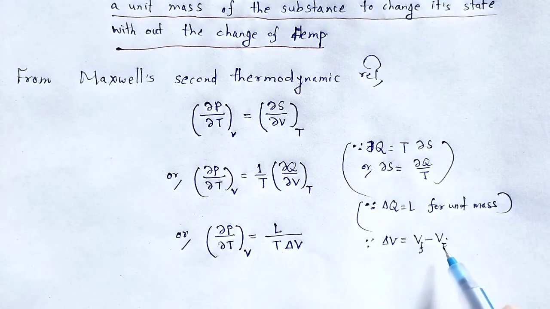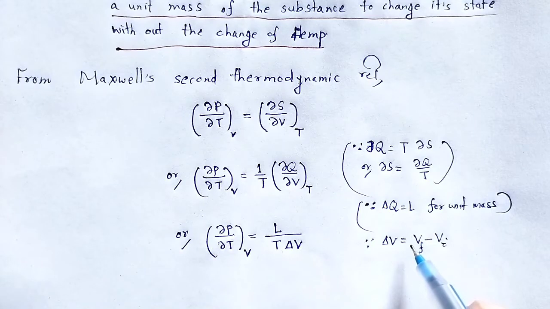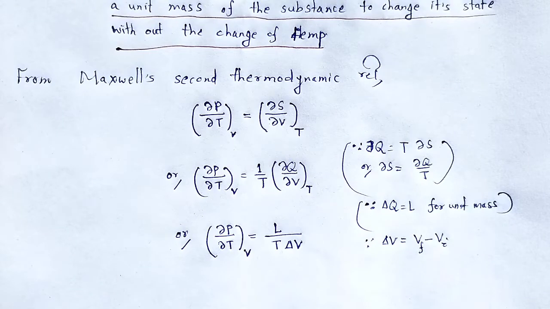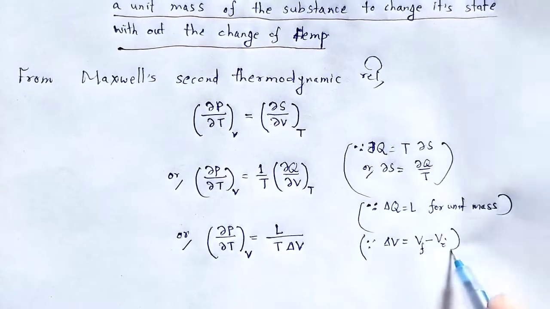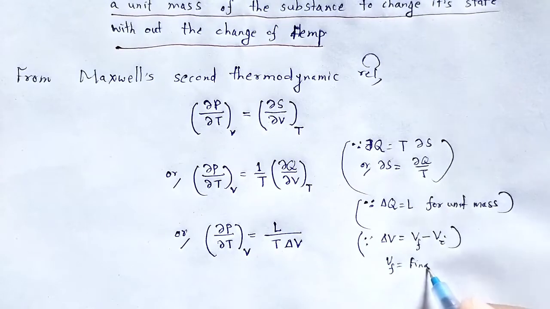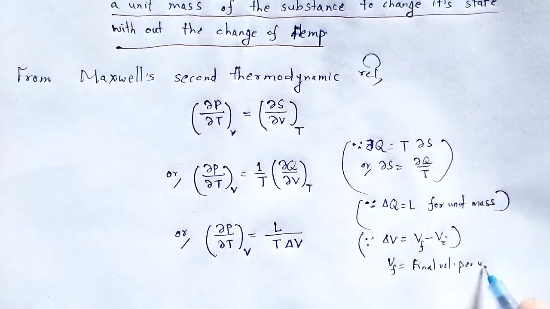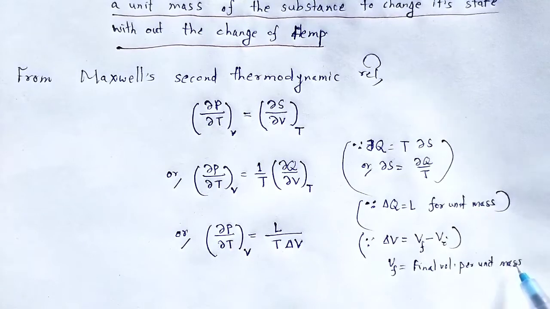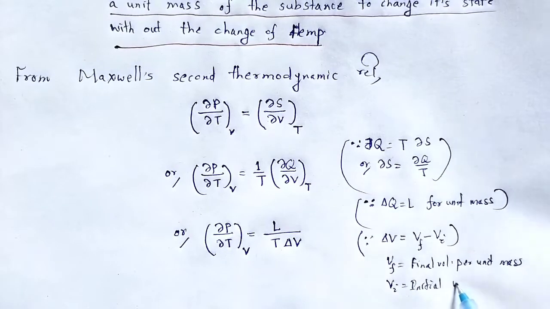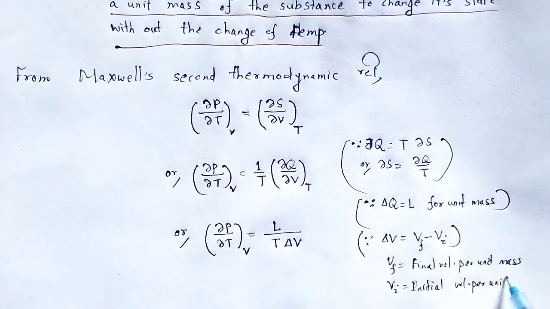That is the final volume after the change of state, Vi the initial volume. Vf is the final volume per unit mass, Vi is the initial volume per unit mass.